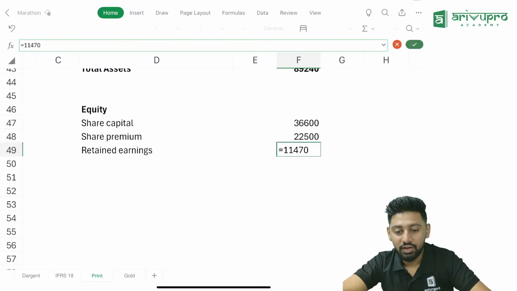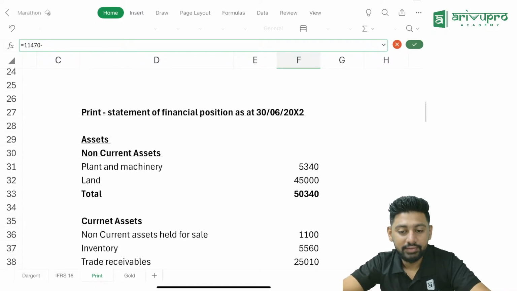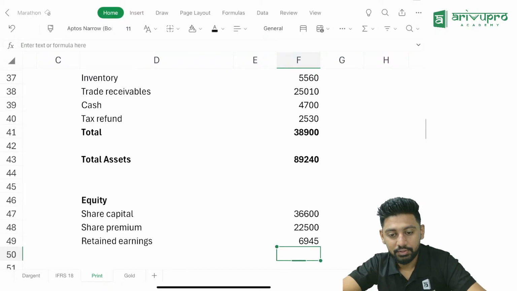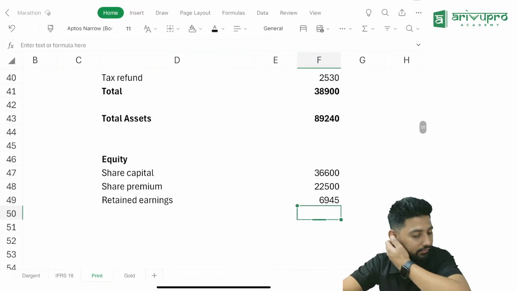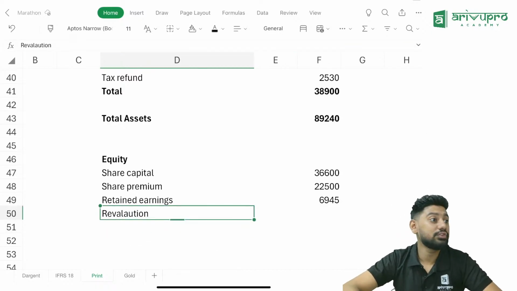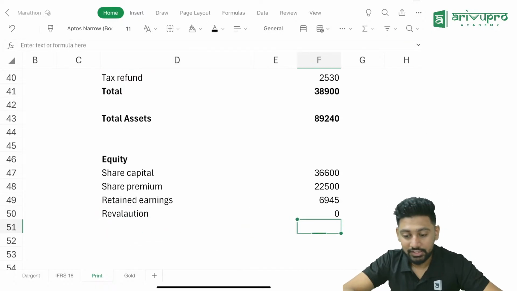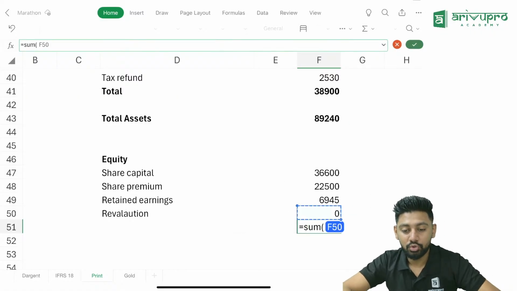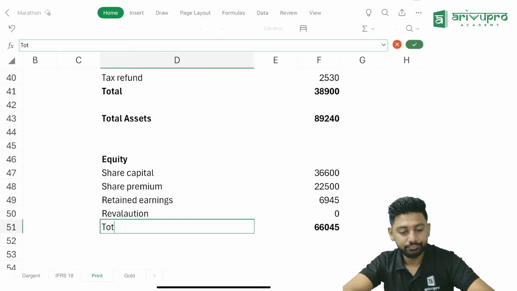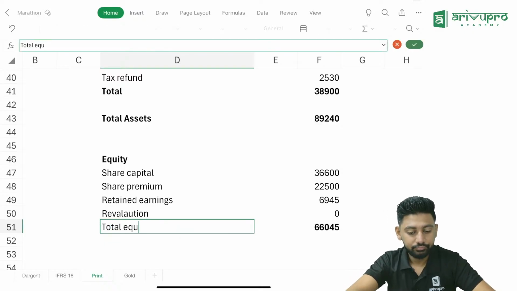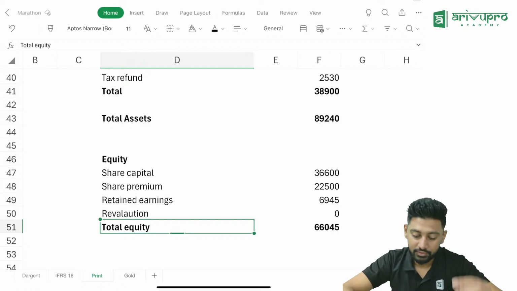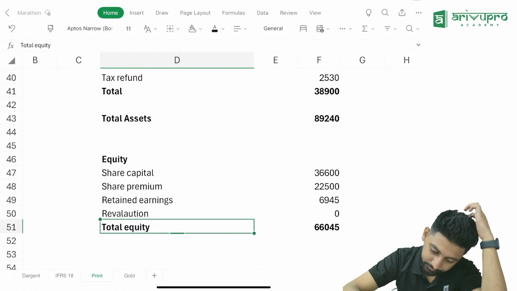And then we have a loss, minus 4,525, which gives me 6,945. Revaluation, we don't have anything. I did not see any revaluation in the question, so I can say it's 0. Therefore, my total equity will be 66,045. We are done. Everybody, are we clear? Yes or no?